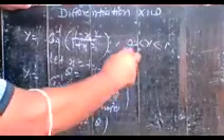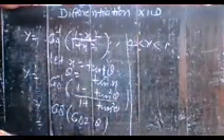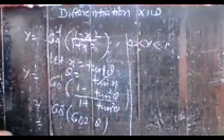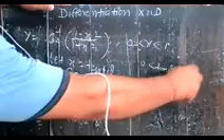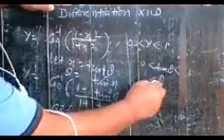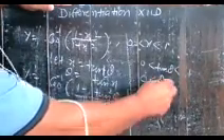So just check whether it belongs to 0 to pi or not, or whether it is a sub-interval. If you put theta here, you have tan theta greater than 0 and less than 1. So what about theta? Theta is greater than 0 and less than pi by 4.